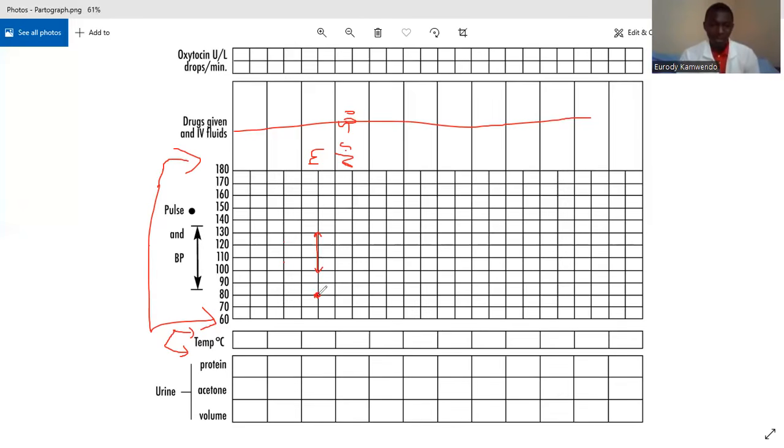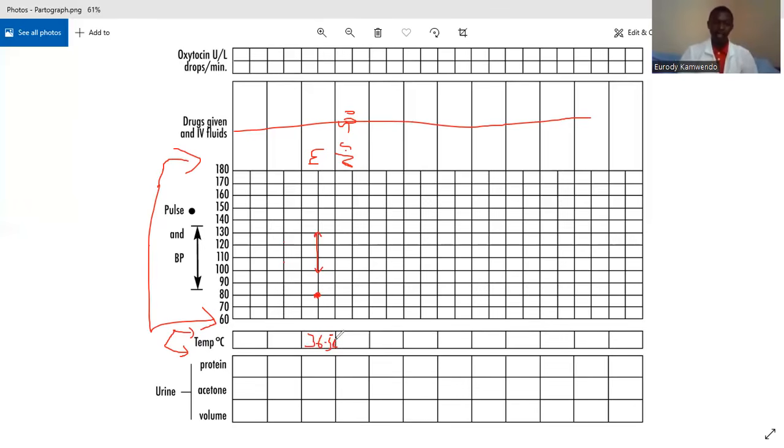Then when it comes to temperature, once you check the patient's temperature, you find that her temperature is, let's say, 36.5 degrees Celsius. You just record it here to say the temperature is 36.5 degrees Celsius, like that.